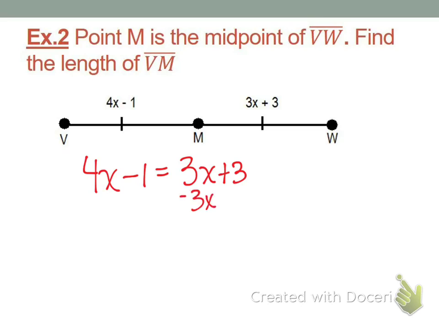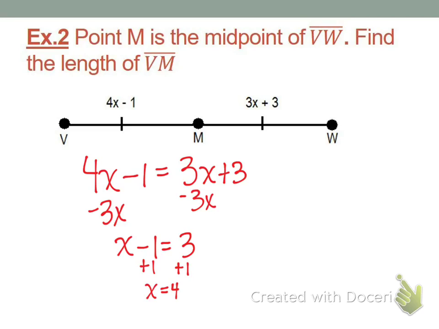Good, we can subtract 3x from both sides. 4x minus 3x leaves us with x. Last step. Add 1, x equals 4. Again, if you did not show the minus 3x, the plus 1, that's fine. I should still see that you're solving. Okay.